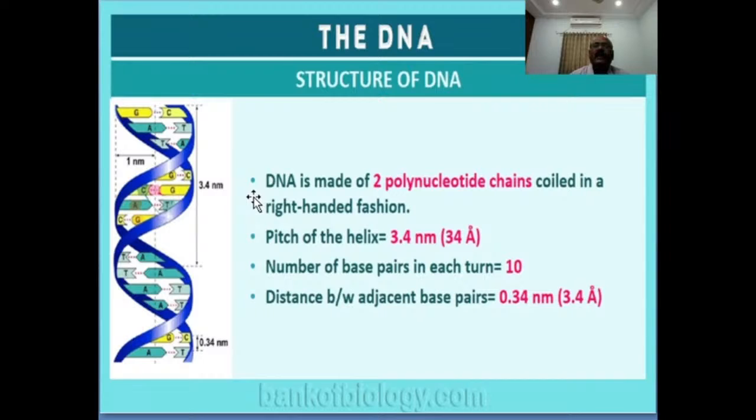So DNA is made up of two polynucleotide chains. This is one chain, this is one chain. It is a right-handed fashion. So that means the right side is twisted. This type of DNA is called B-form DNA. Pitch of the helix is 3.4 nanometers or 34 angstroms.